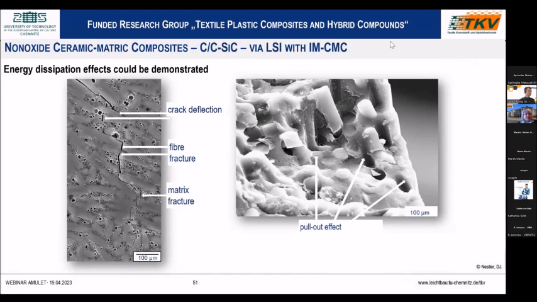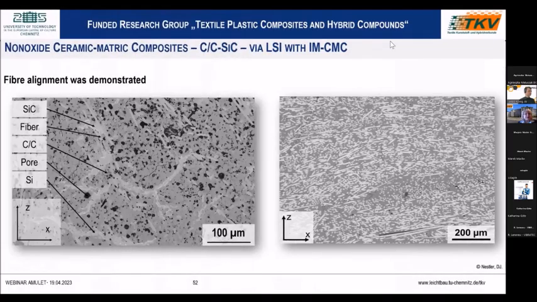Also, the fiber alignment was demonstrated, which is created by injection molding. You have there an alignment of the fibers in the direction of the flow by the injection molding process. And so we can also use this for a load-oriented design.